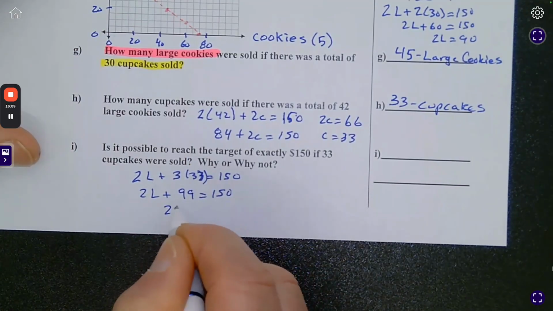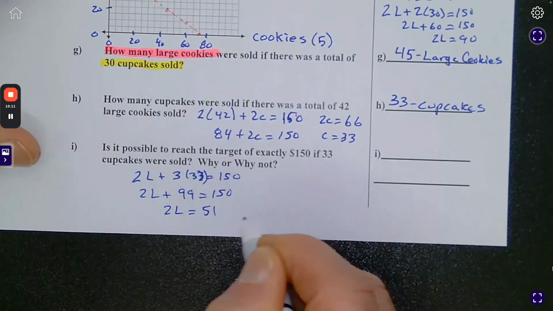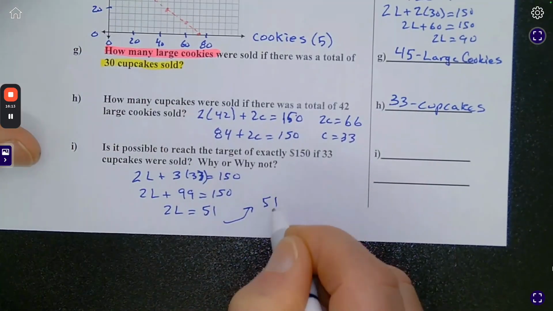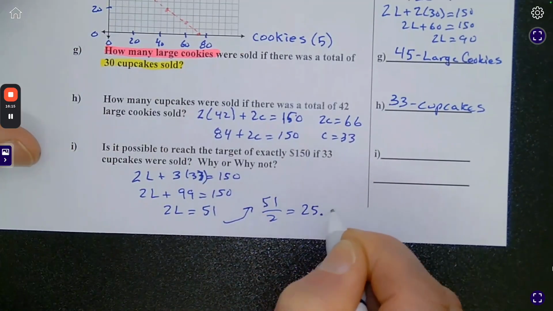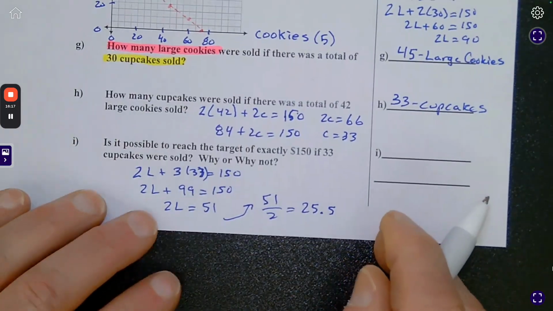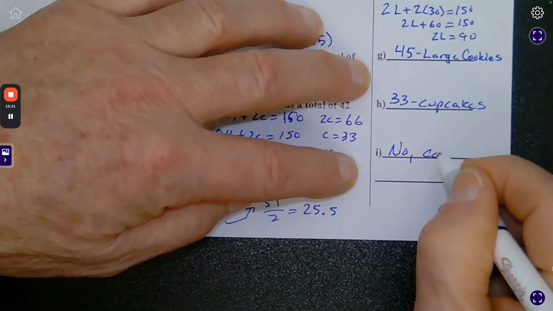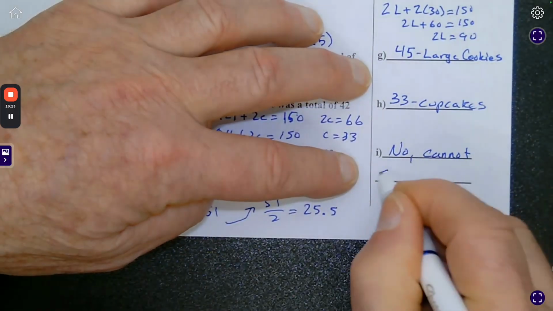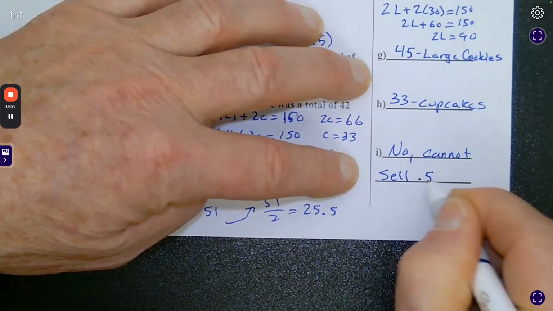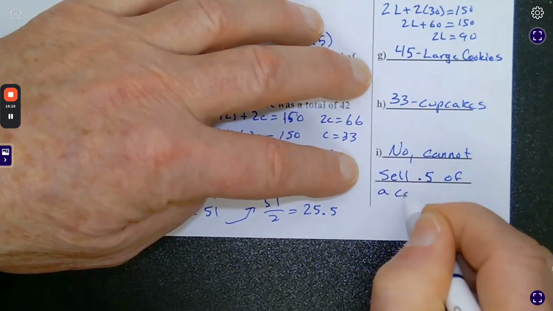Uh-oh. Subtract 99. Divide 51 by 2, and you get 25.5. No, it is not. No, because you cannot sell 0.5 of a cookie.